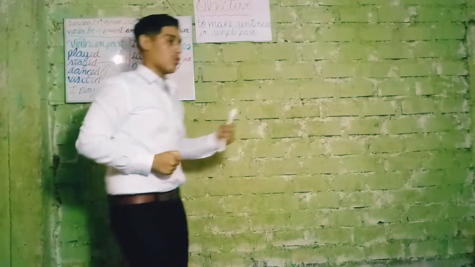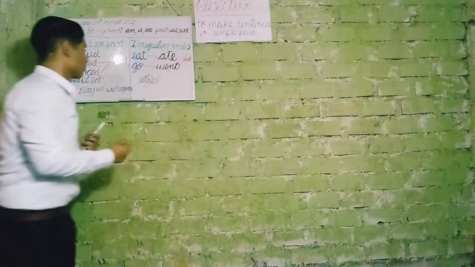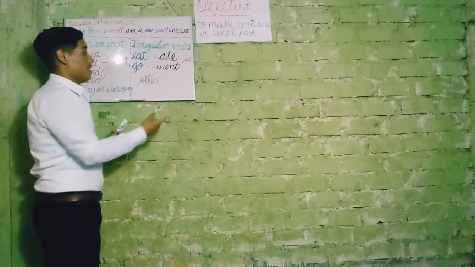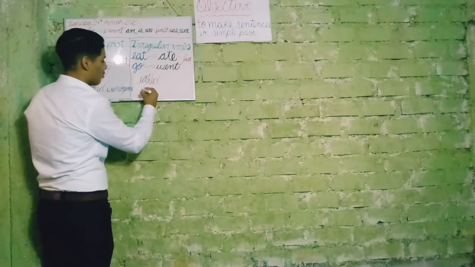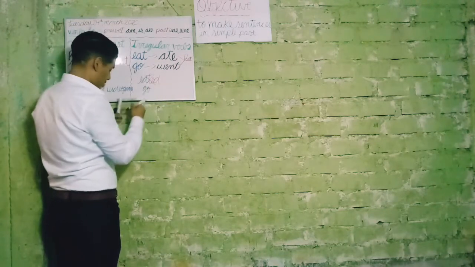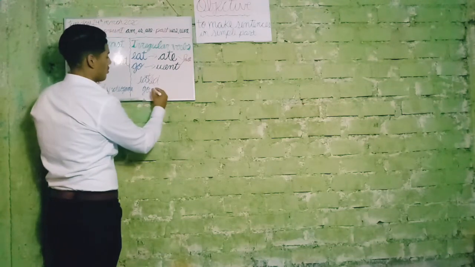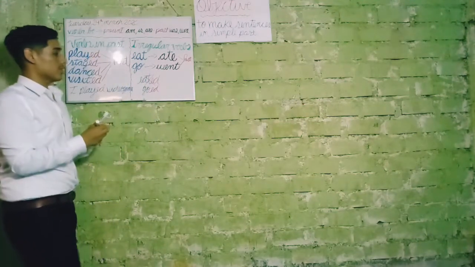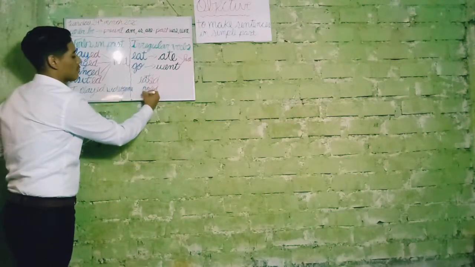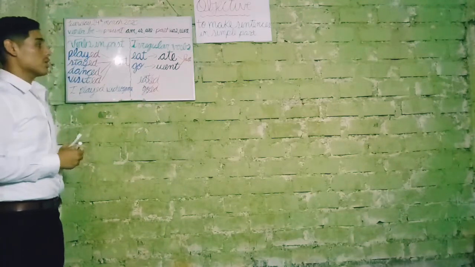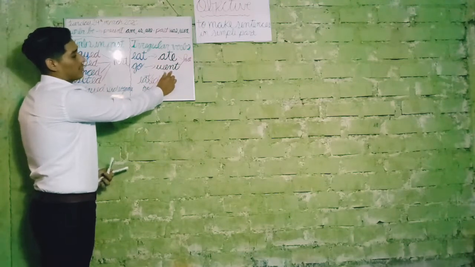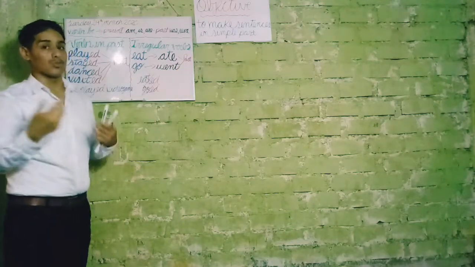Or, for example, the verb go. In the past it is not goed. No, that's not possible. That is wrong. Instead, we use the verb went. That refers to the past.